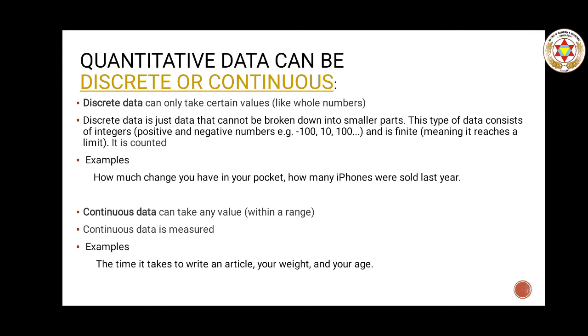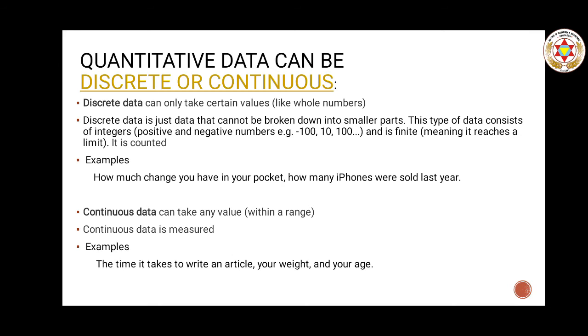So discrete data can only take certain values like whole numbers. Discrete data is just the data that cannot be broken down into smaller parts. And this type of data consists of integers, either positive or negative numbers, and is finite.